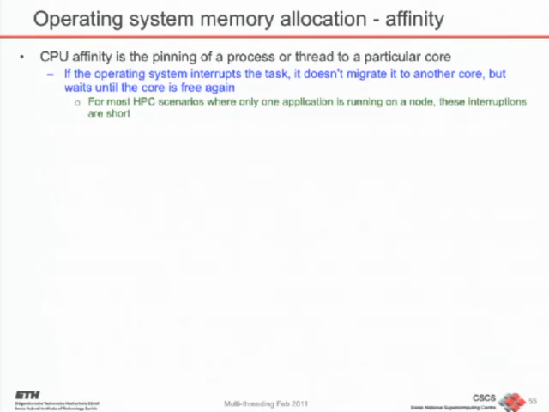If you don't have affinity and the operating system or something else comes in, it could also be an MPI daemon or something on one of these nodes. The operating system may say, well, it'd be a bit unfair to leave you sitting around waiting for the core, so I'll move you somewhere else, and then I'll move somebody else out of the way, and you start to swirl the threads around. CPU affinity doesn't do that. It just says, okay, you've told me that you're prepared to wait, so you're going to have to wait.